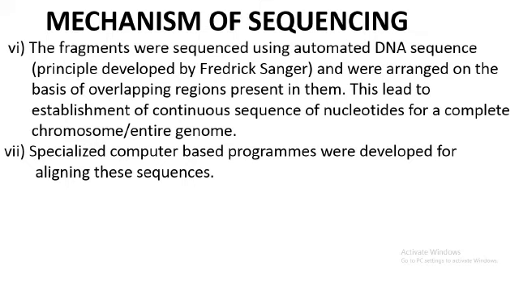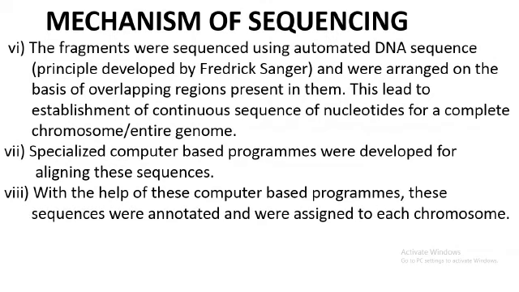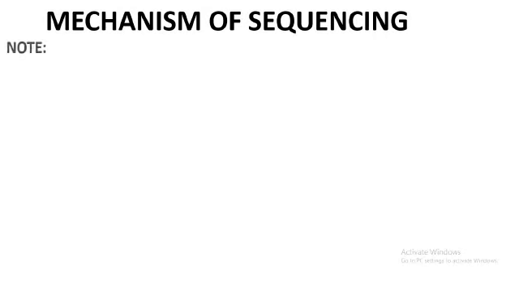So these are the basic steps involved. Once you align them in the computer with the help of these programs, you can make use of them according to the number of chromosomes and so on. So this is the mechanism of sequencing the DNA fragments.